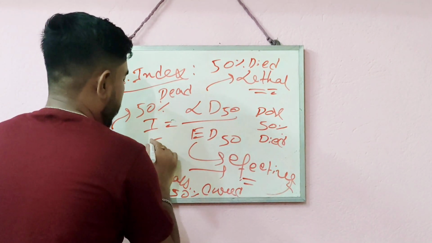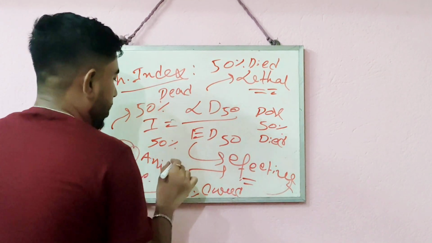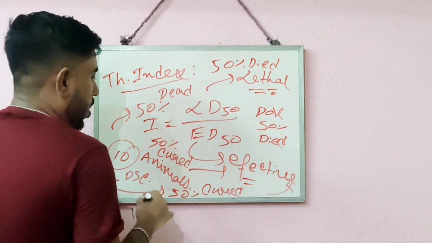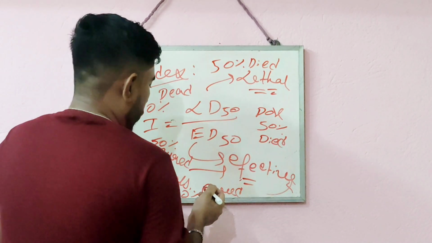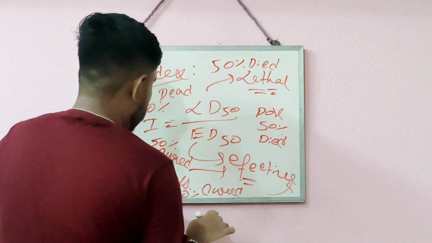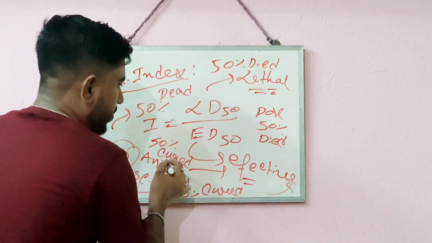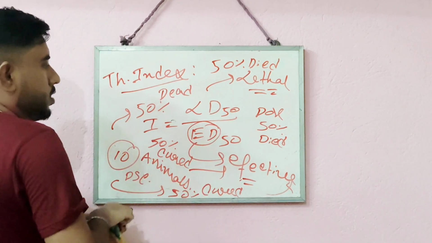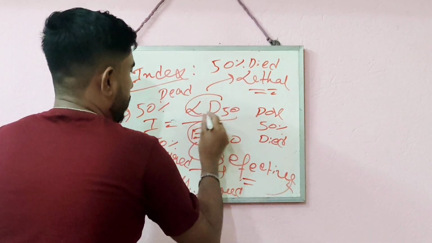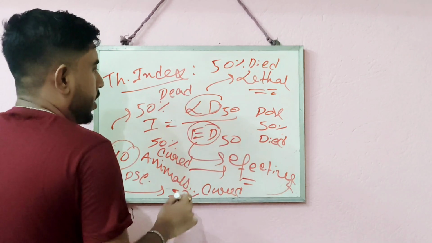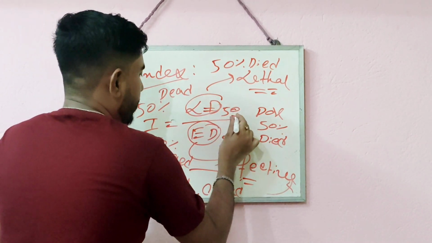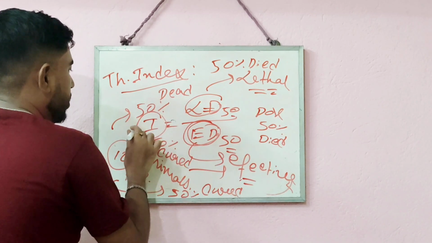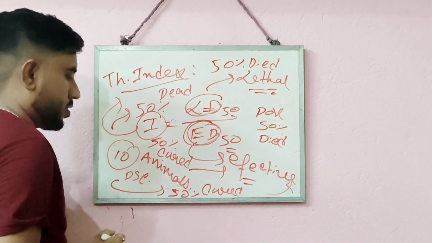And if 50% of the animals taking the drug are cured, overcome the disease, that dose is called the effective dose. That is the definition of lethal dose and effective dose, and the ratio of LD50 and ED50 is called I, that is generally called the therapeutic index.